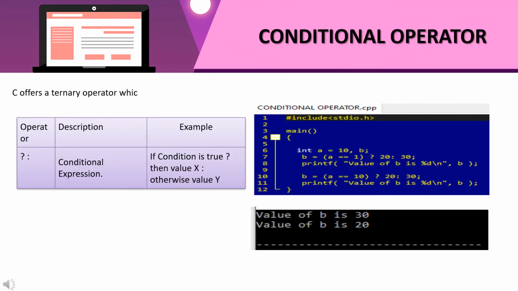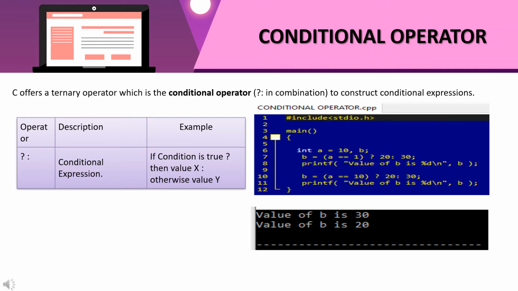The next operator is the conditional operator. C offers a ternary operator, which is a conditional operator, a combination of the question mark and colon sign to construct conditional expressions. If the condition is true, then value x, colon, otherwise value y.